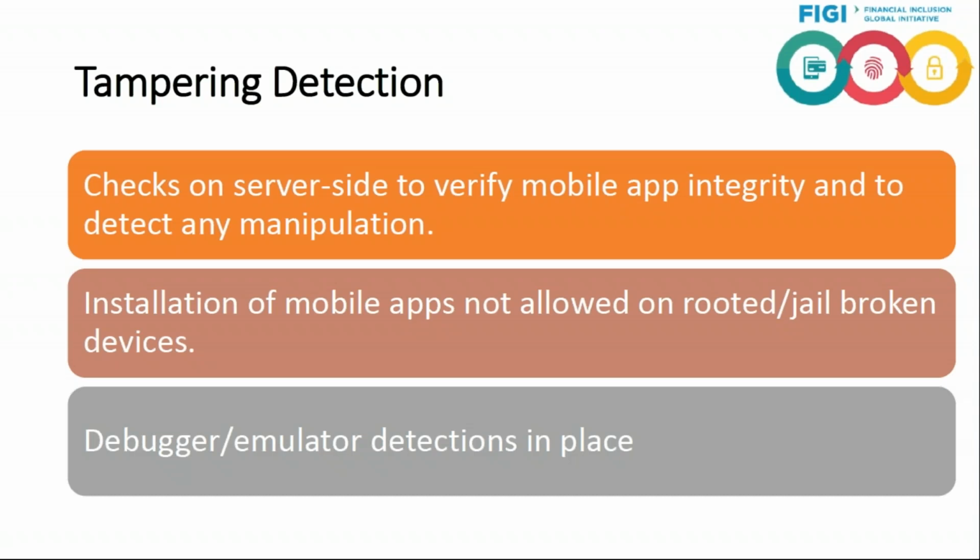The basic requirement again is that apps shall have the functionality to detect if the device they are being downloaded to and installed on is rooted or jailbroken. If it is rooted or jailbroken, the app would not install, because if a device is rooted or jailbroken, we cannot be assured of the security of that particular device.